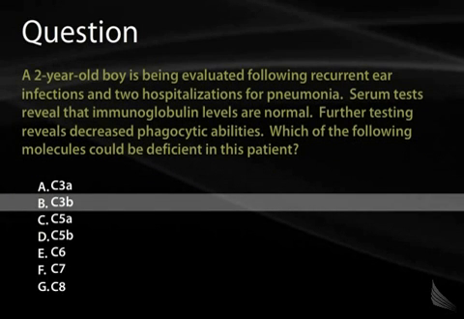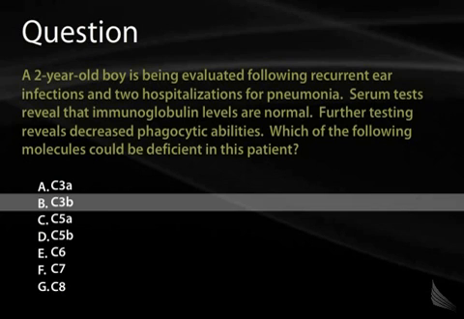So what are the clues in this question that tip you off towards C3b? Well, we know he's got recurrent infections, so we know that he has some kind of immune dysfunction. Serum tests reveal that immunoglobulin levels are normal, so it's not a B cell deficiency. Further testing reveals decreased phagocytic abilities, so the ability of the phagocytes to come in and endocytose cells is decreased.